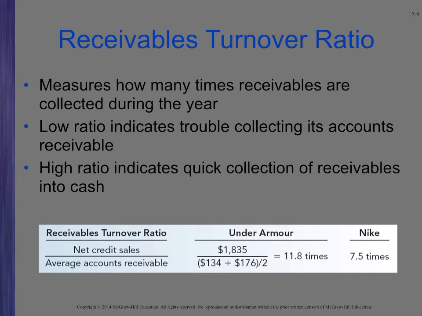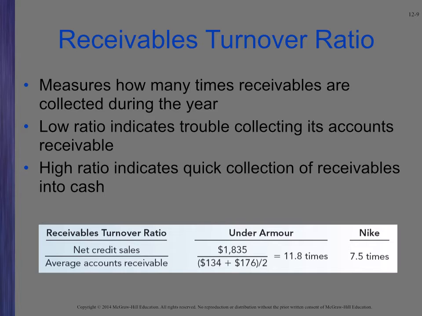Again, in this illustration, we see the calculation of the receivables turnover ratio for Under Armour, and we compare it to Nike's. In calculating the receivables turnover ratio, we have assumed that Under Armour's sales are all credit sales.